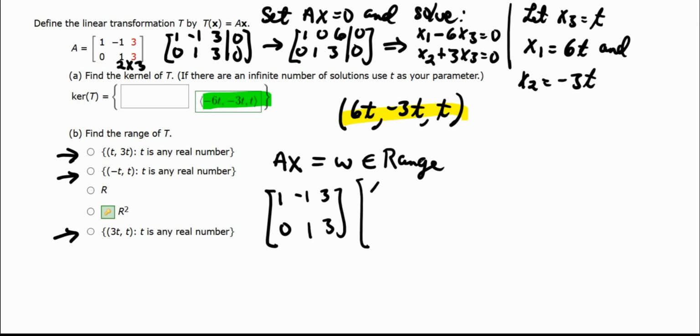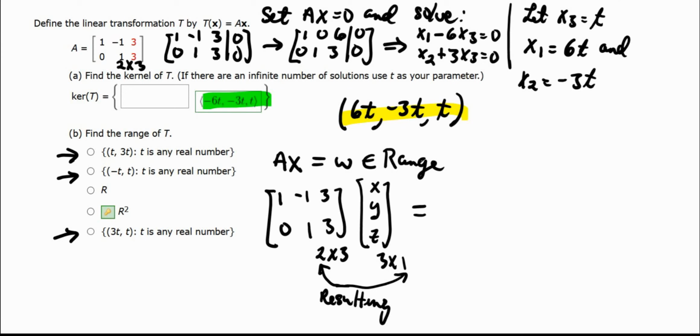So I'm going to call this x, y, and z. This is a 3 by 1. This is a 2 by 3. Look at the size of the result. The resulting size is a 2 by 1.